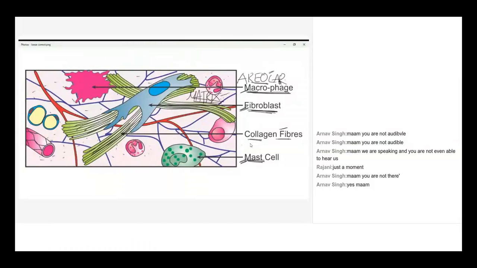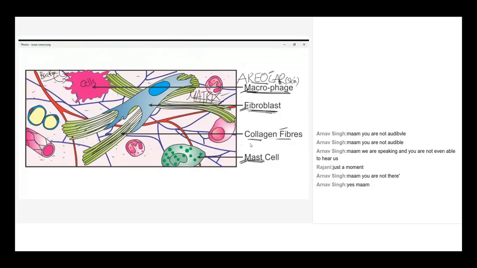Take for example macrophages. These are the macrophages. What will these macrophage cells do? These macrophages will take in the bacteria or virus which comes into the body. The areolar tissue is present under the skin.